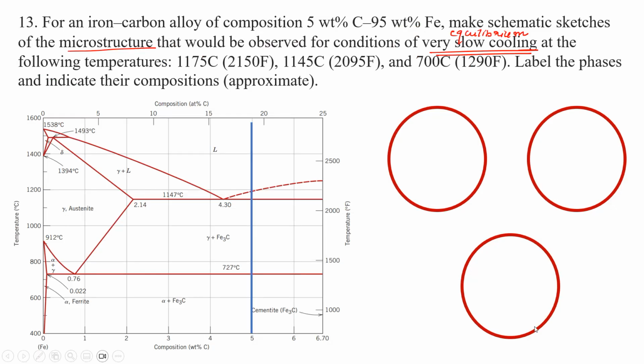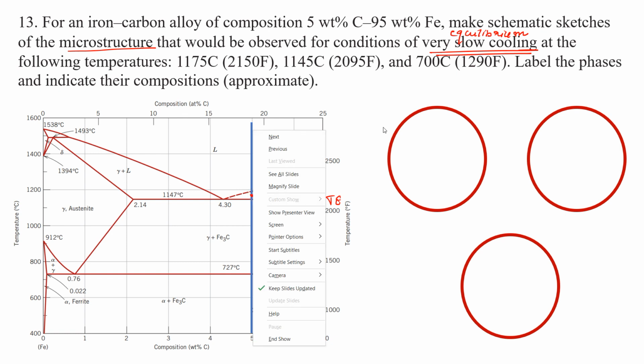So we are at 5 weight% of carbon and at different temperatures. Starting out with 1175, 1175 is here. The eutectic temperature in this phase diagram is 1147, so 1175 should be here.